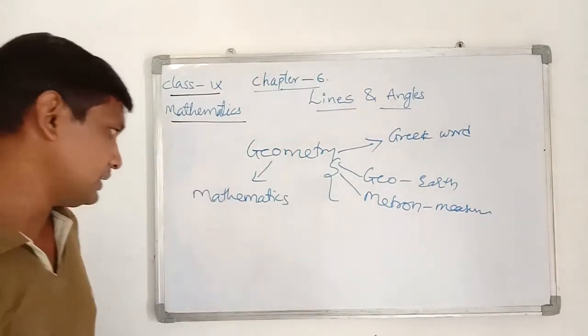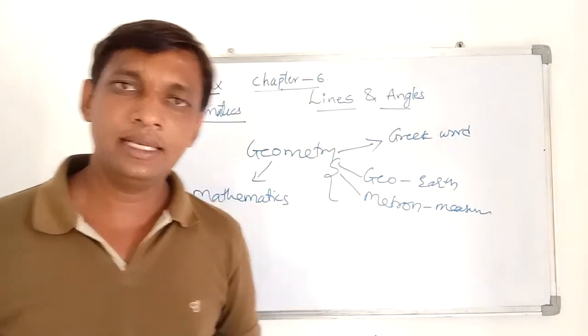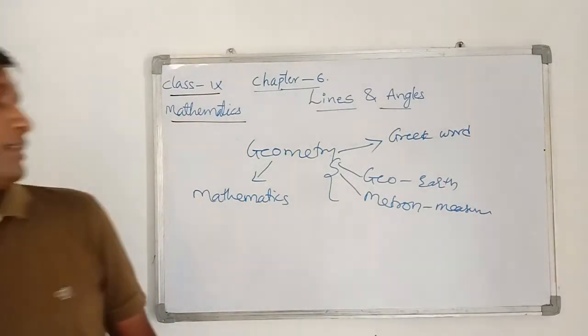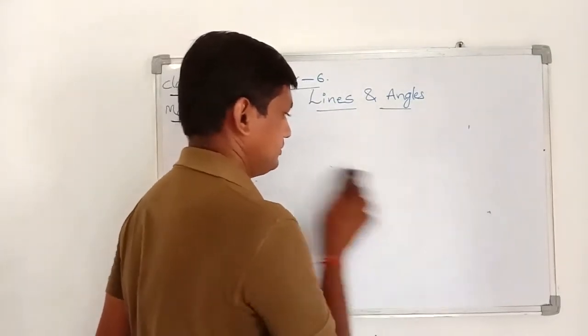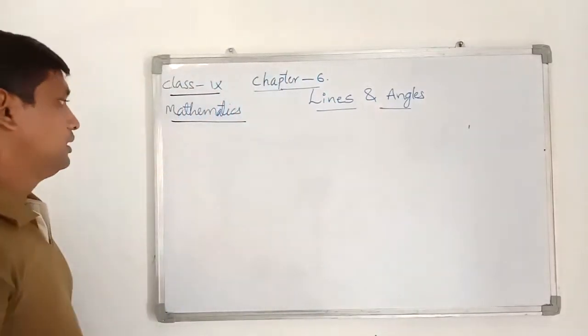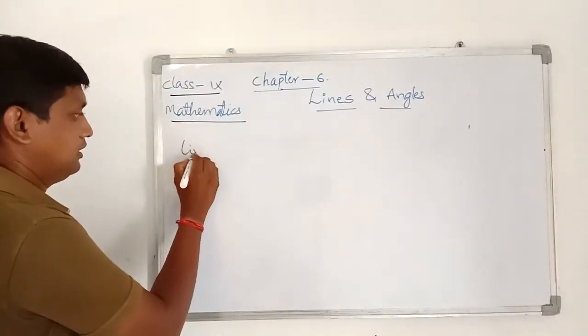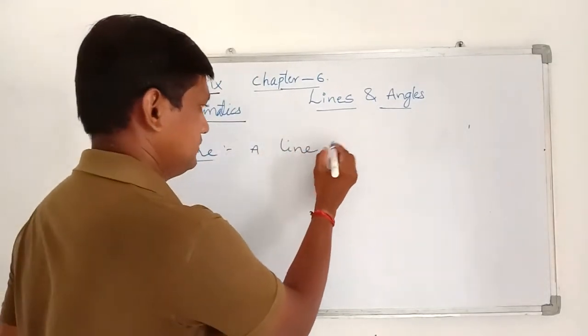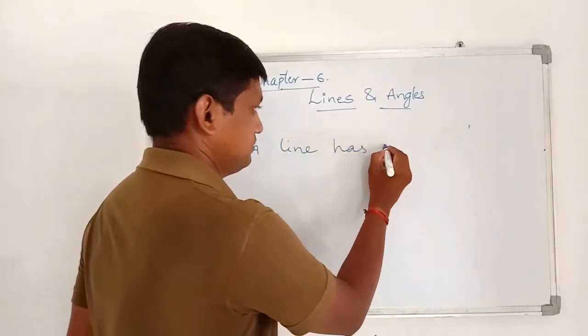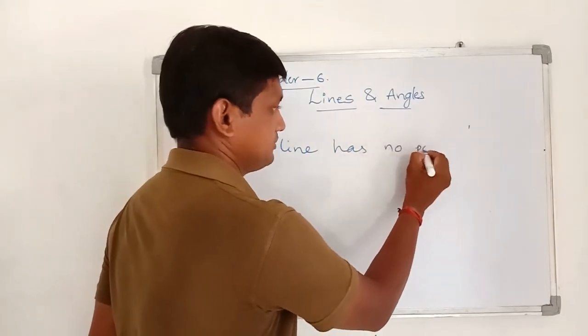Before we start, let us revise what you have learned in previous classes. The first is line. A line has no endpoints.